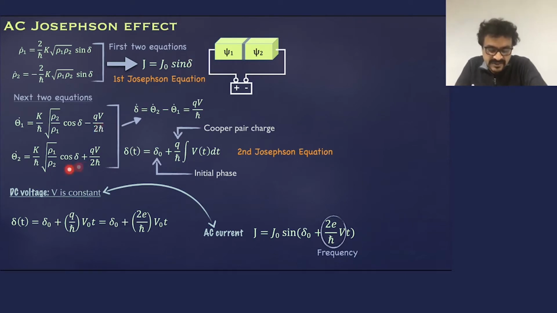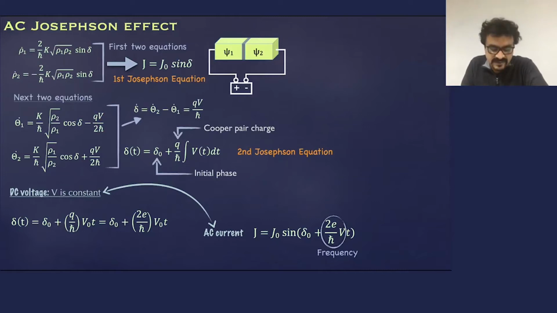The next two equations in that are θ1 dot, which is κ by h bar, ρ2 by ρ1 cos delta, delta is the phase difference, minus qV by 2h bar, where V is the applied voltage and q is the Cooper pair charge.